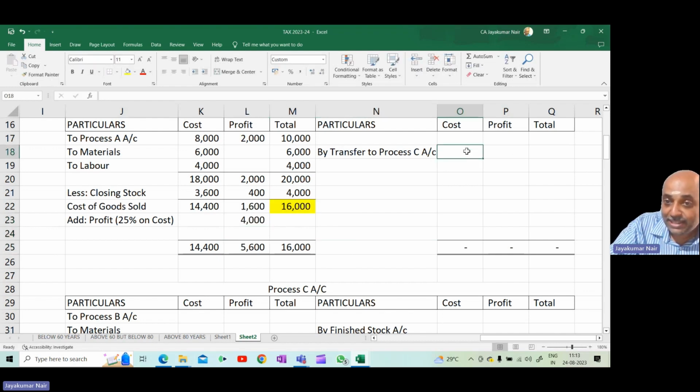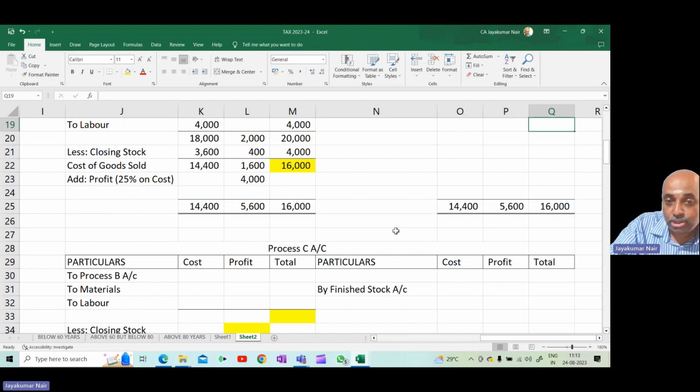So when you are writing it here, cost to the company is 14,400. Profit so far included in the stock is 5,600, and the value at which it is transferred to the next process is 20,000. So with this, process B account is completed, and now we move on to the next one.